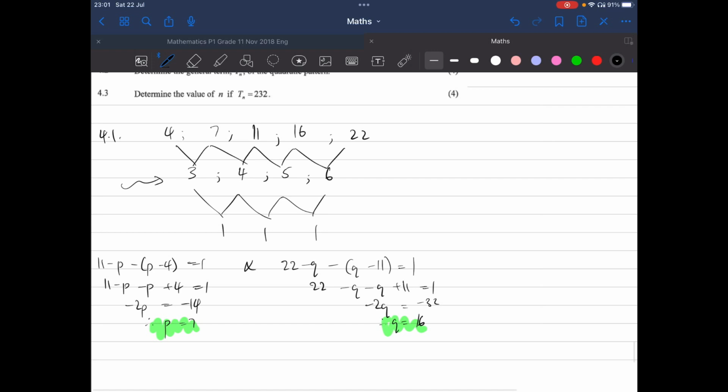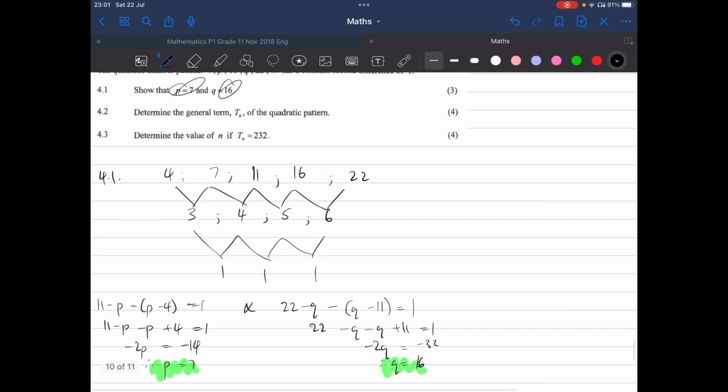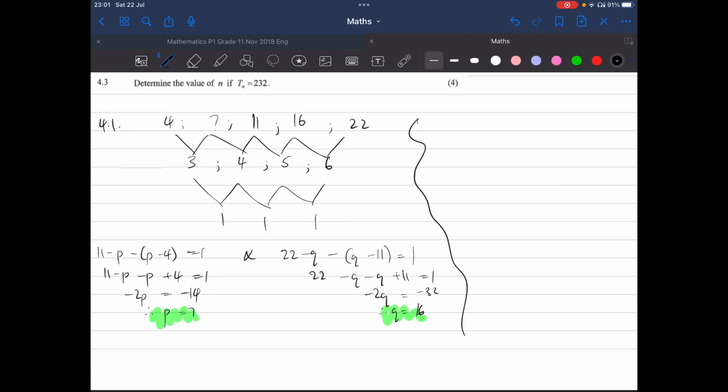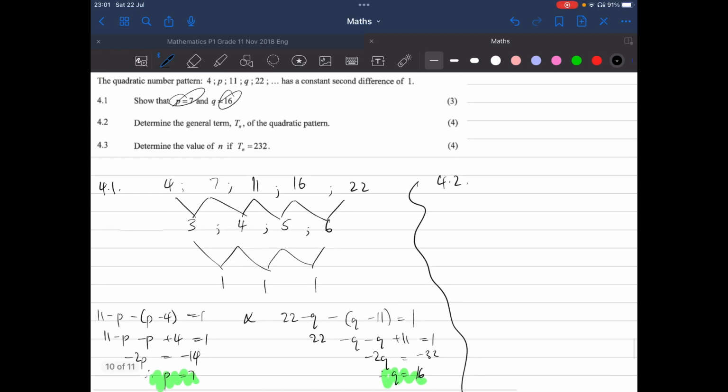Now how do we find the Tn, the general term, sorry, of the quadratic pattern?